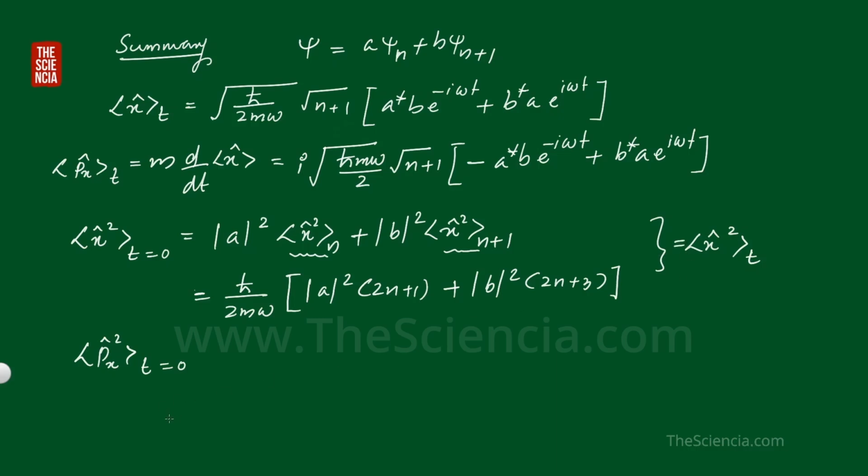Now the expectation value of px square at time t equal to 0, I told you, is equal to the expectation value of p x square at time t also. And that is equal to, we got, mod a square times the expectation value of p square in the state n, plus mod b square times the expectation value of p square in the state n plus 1.